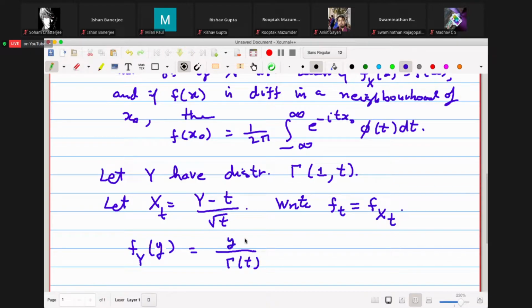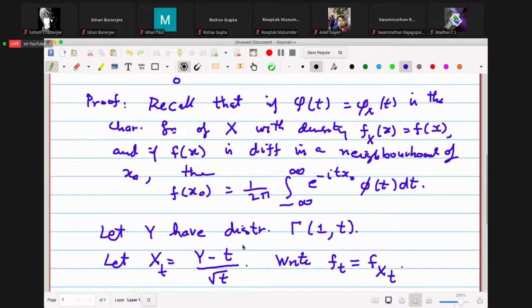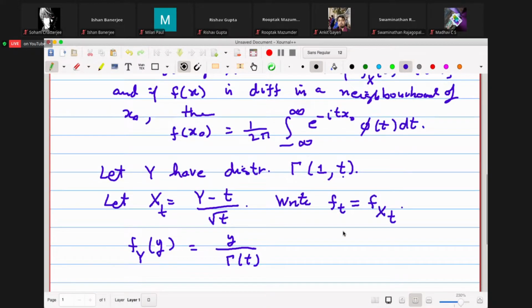And then y power t minus 1. So here the parameter value is t. See, this is a bit confusing. Remember what is y? It is this t which pops up here. So y power t minus 1, and then e power minus y. That's it. Okay.